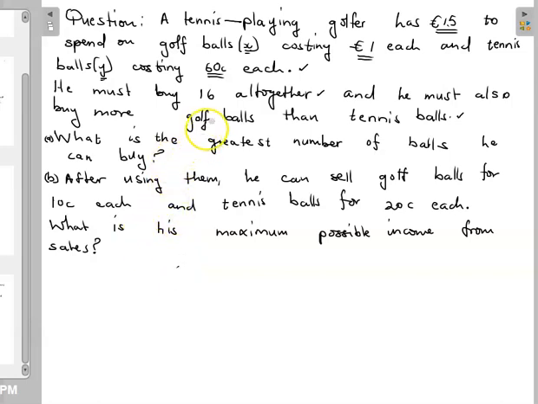Now when we say X represents golf balls, we're saying he's going to buy X golf balls, X being the frequency of the golf balls. He can buy 1, he can buy 2, so X can be 1 or 2 or 3 or 4 or whatever, but we don't know. If he buys X golf balls, how much does a golf ball cost? It costs €1.